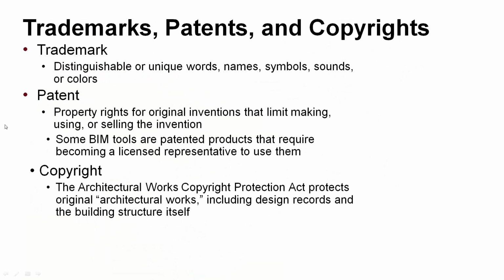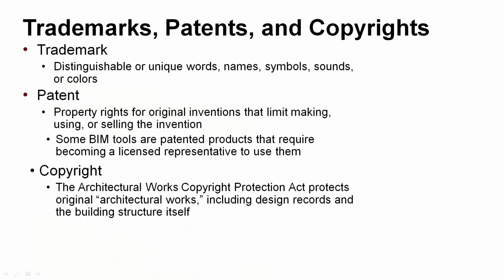And then the third thing, which is the most common that we work with, is copyrights. So for architects, we have the Architectural Works Copyright Protection Act, which gets into a lot of the specifics about how the copyrights attach to our work. So we'll want to look into more detail about how that affects the work.